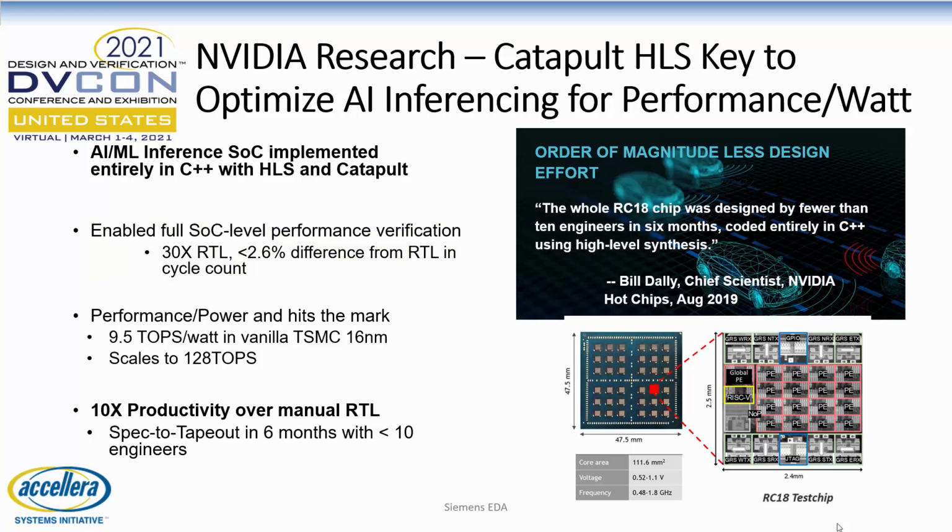They were able to achieve their performance and power metrics with 9.5 TOPS per watt in a 16 nanometer TSMC technology, and their architecture scales all the way up to 128 TOPS. With this design, they were able to demonstrate 10x productivity over a manual RTL design flow, and they went from spec to tape out in 6 months with less than 10 engineers.